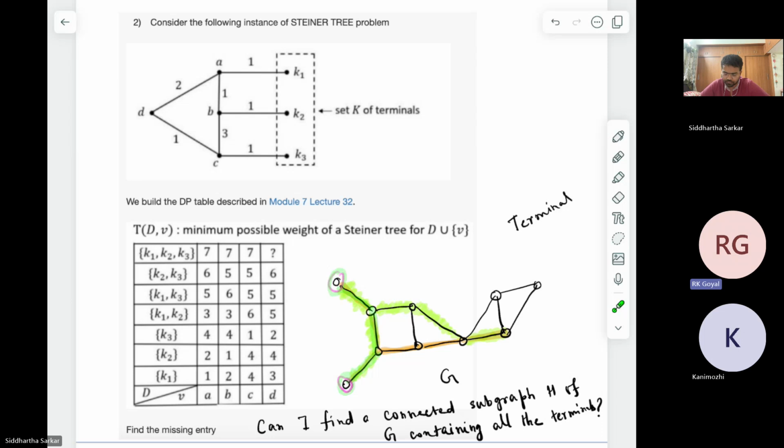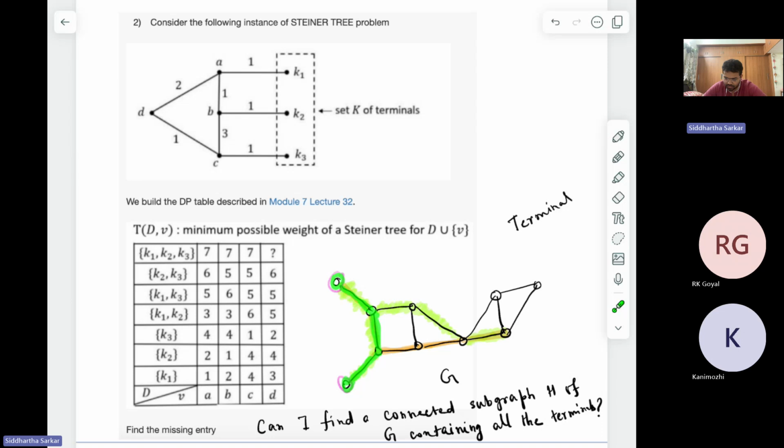So yes, I can apply DFS, how many minimum edges are required to traverse from the vertex to the other vertex. That is also true, but DFS will give you a certain path between these two terminals, and that path you will output as the connected component.